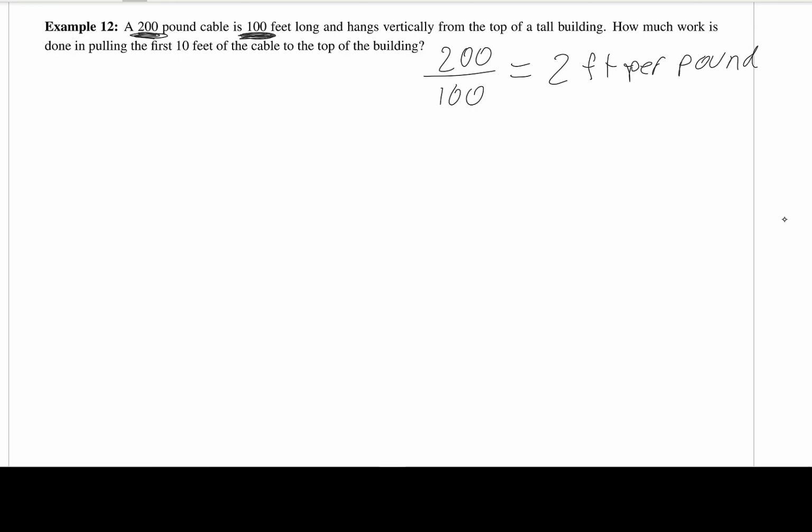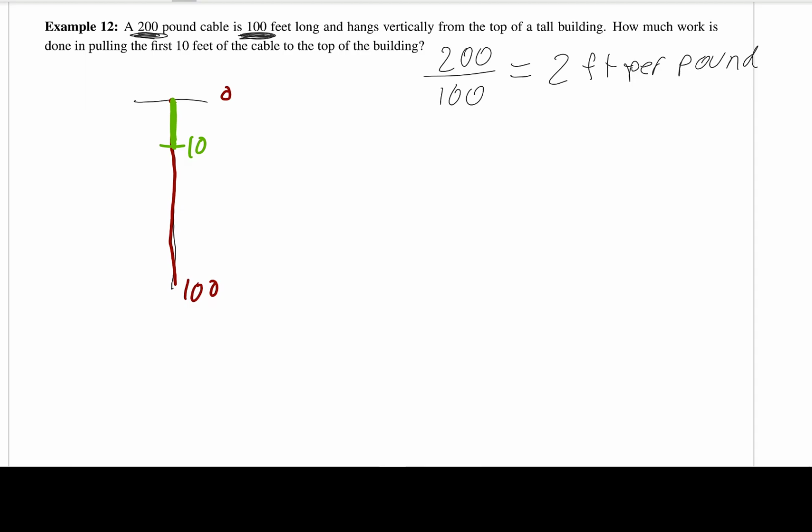Okay. Now to get our work, we're trying to find out how much work is done in pulling the first 10 feet of the cable to the top of the building. So if we imagine this is the top of our building, we go down, here's our cable. And so it's 100 feet long, so here's 100, here's 0. What I'm interested in is just the first 10 feet.